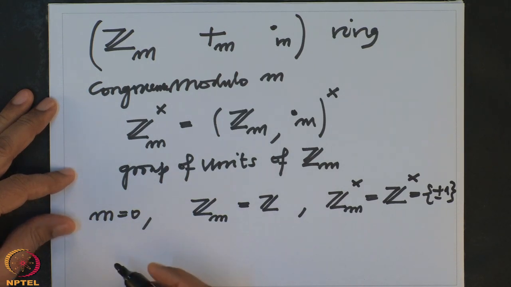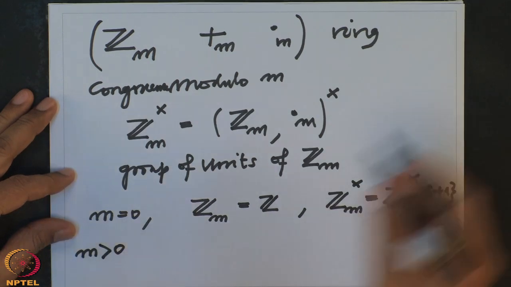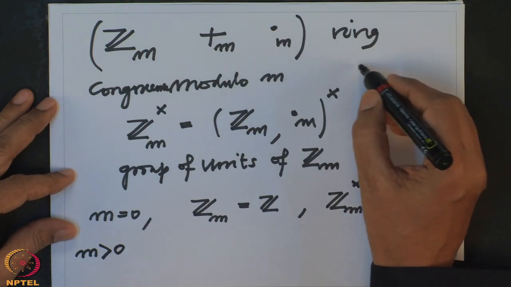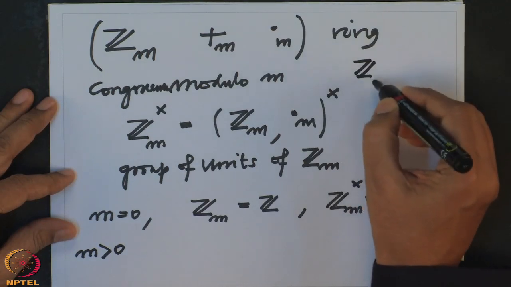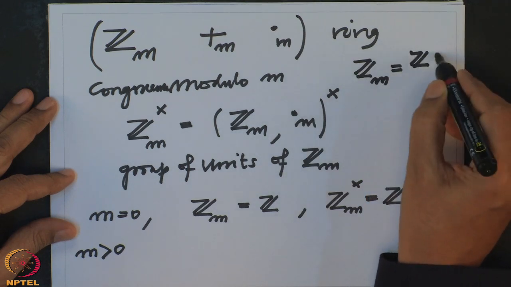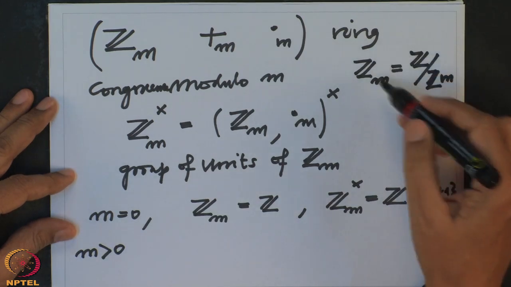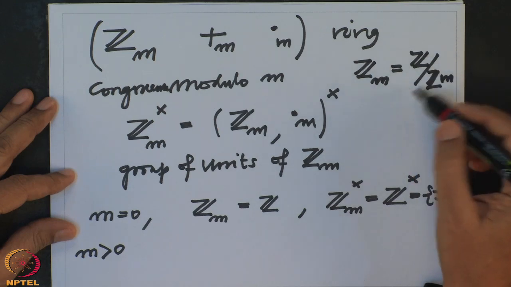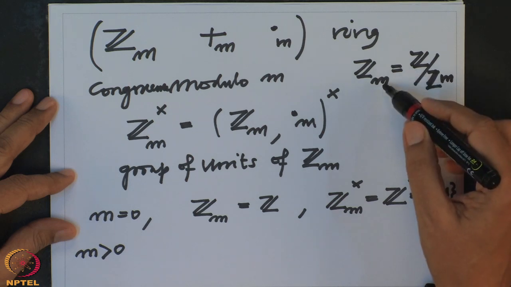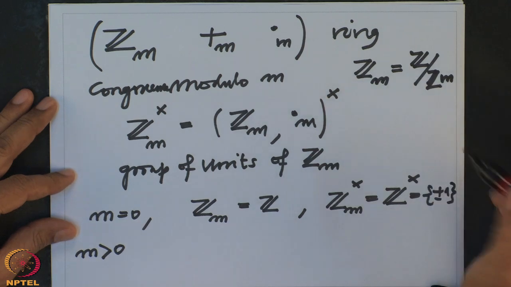More generally, if M is positive, remember when we did the definitions, Z mod M is the same as the additive group of integers Z modulo the subgroup generated by M. These are the cosets, and they are given by the remainders when you divide by M. So they are precisely M remainders from 0 to M minus 1.